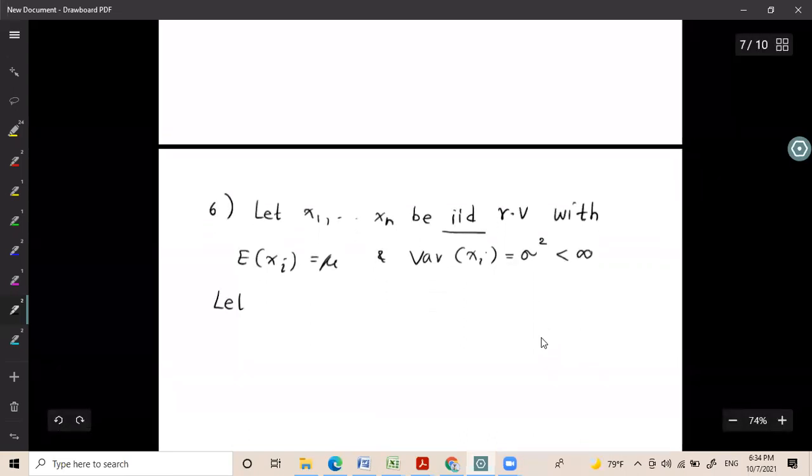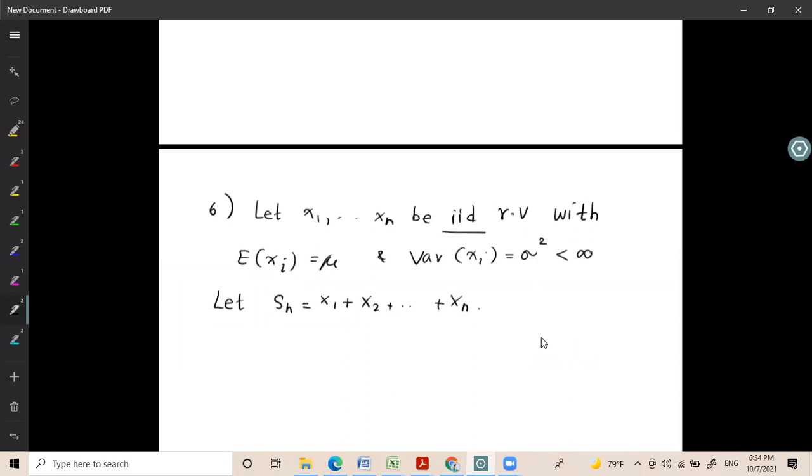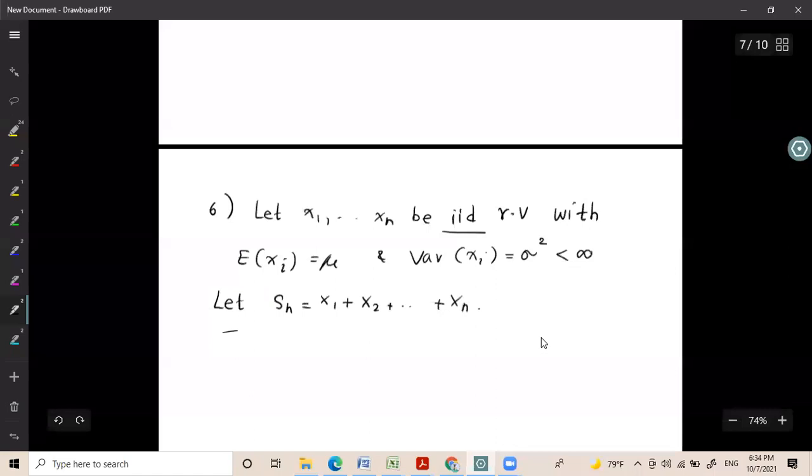And we are going to define the term Sn, which is x1 plus x2 plus up to xn. Then Sn over n goes to mu in probability.